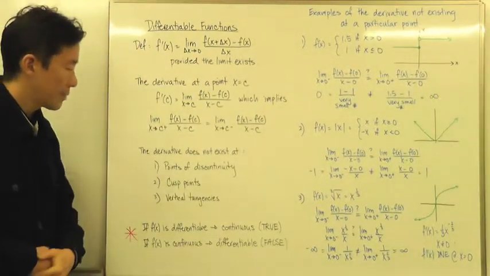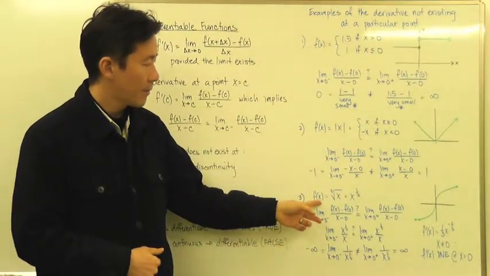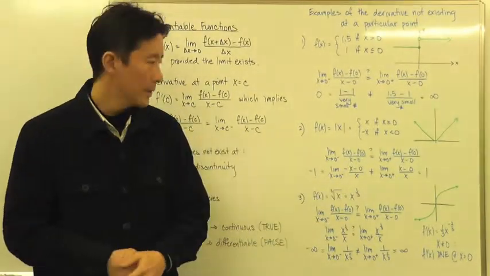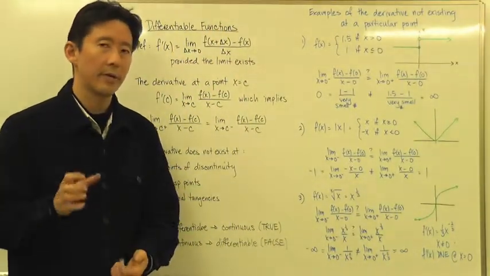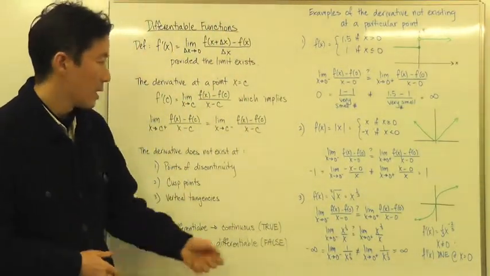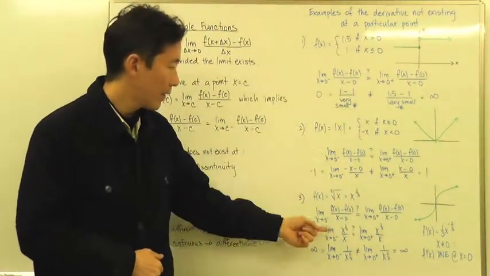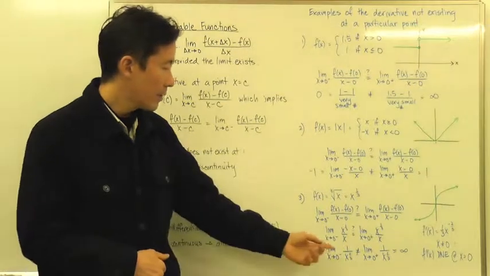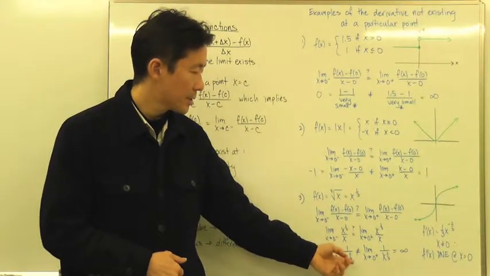Okay, let's take a look at number 3. These are vertical tangencies. Now, I'm going to use this function, f of x is equal to x to the 1/3 power. That's the graph. And again, we're going to focus on the value of x equals 0. So if I use the same process that we've done before, notice that what I'm going to come up with for both sides is 1 over x to the 2/3.